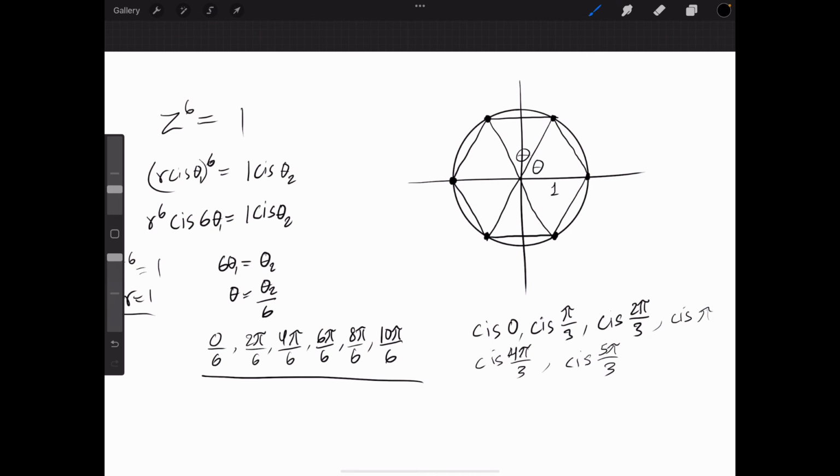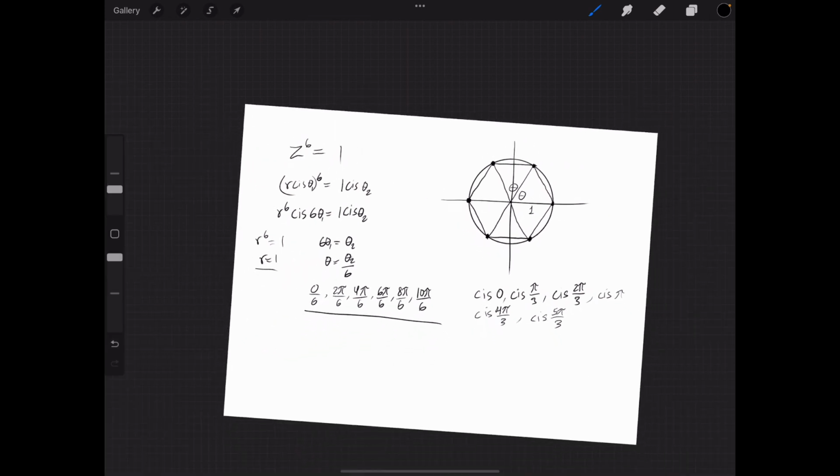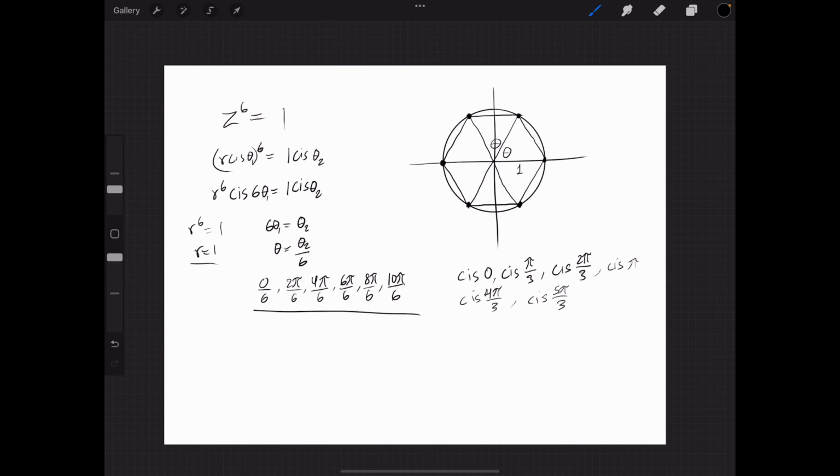So if you add it up, each angle is theta. So yeah, that's how you do roots of unity, or find roots of unity for a complex number that is raised to an exponent and is equal to another complex number.